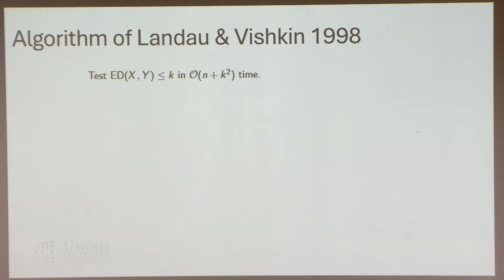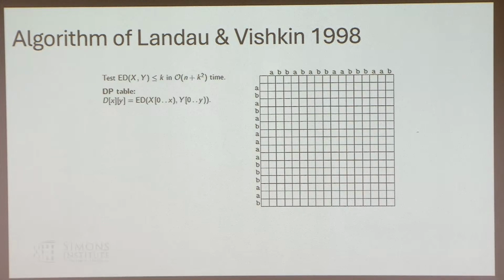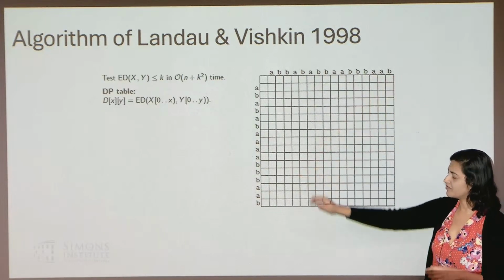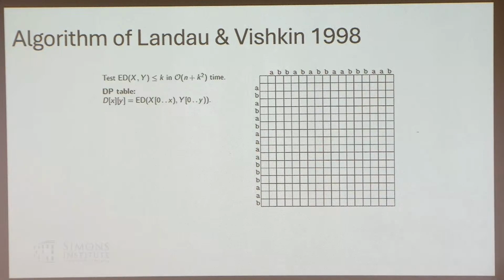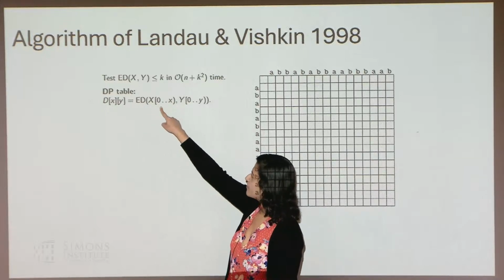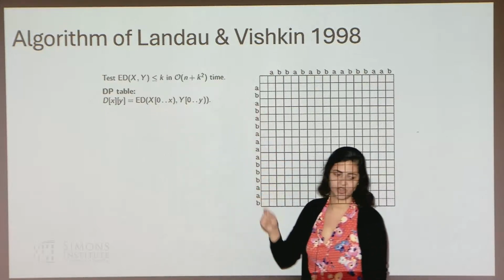Okay. So Landau and Vishkin's algorithm from 1998 gives you an exact algorithm for computing edit distance in n plus k squared time. And this is how it works. You again have the dynamic programming table for edit distance. You have x and y, x here, y over there. And as you know, the entry (x, y) computes the edit distance between the prefix 0 to x and prefix 0 to y.